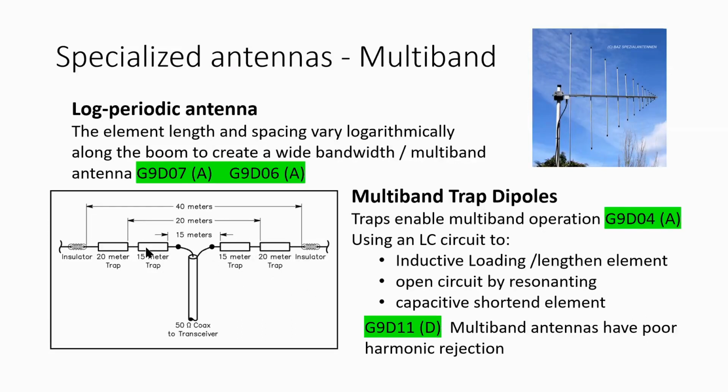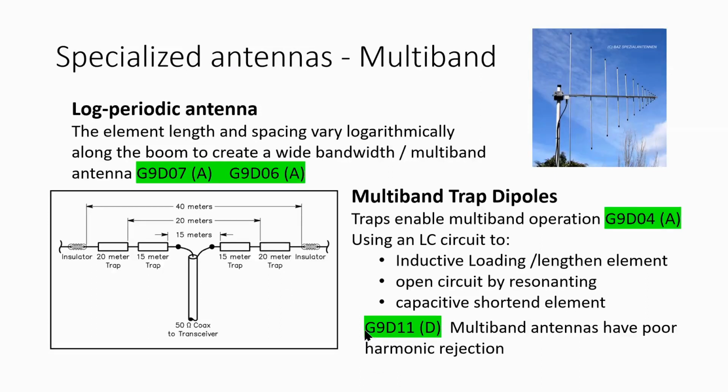But the capacitor in here will allow the 20-meter signal to go through that coil. It gets a little bit of inductance and gets a little bit longer, but it stops at the capacitor of the next trap. So this is a really clever way to have a single pair of elements that handle multiple bands.